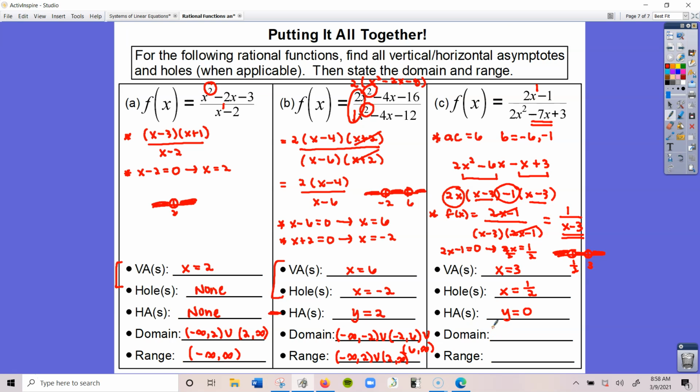So my domain would be from -infinity to 1/2, union 1/2 to 3, union 3 to infinity. Now the range is affected by my horizontal asymptote, and therefore it would be -infinity to 0, union 0 to infinity. And those are all of the properties of rational functions.